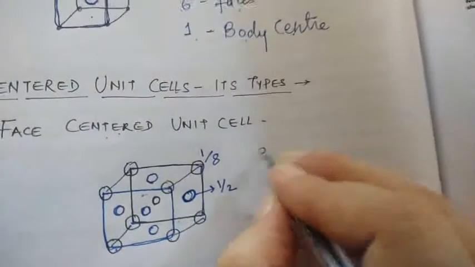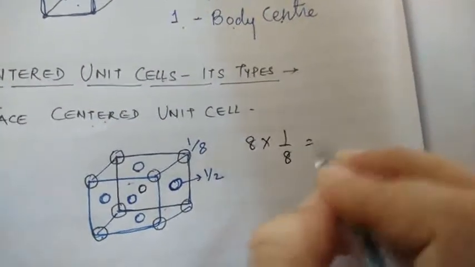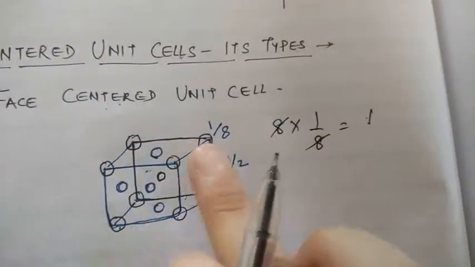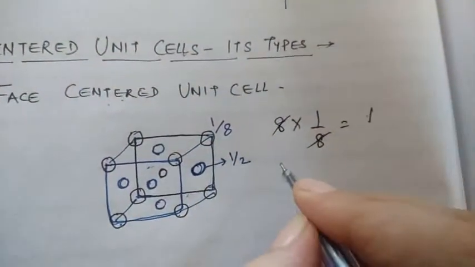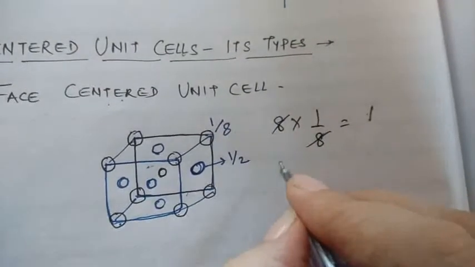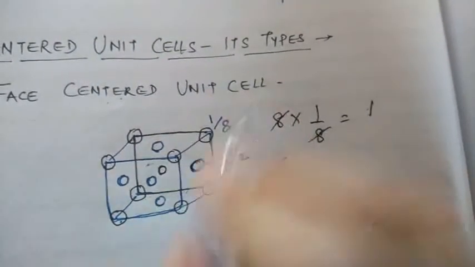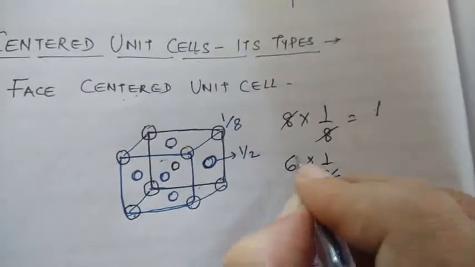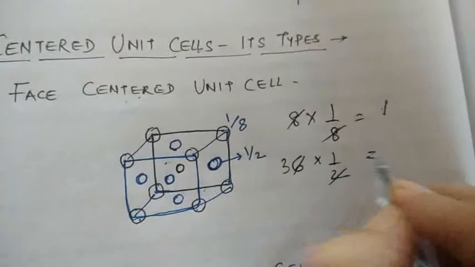So 8 into 1/8, we already know, will be 1. This is the contribution of atoms present at the corners, and for atoms present at the faces, a total of 6 faces are there, and the contribution of each is half. So 6 into half is 3.